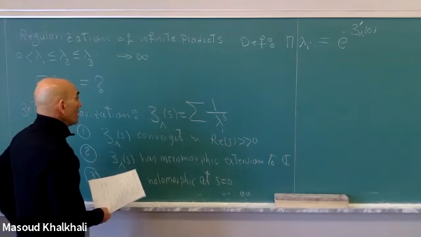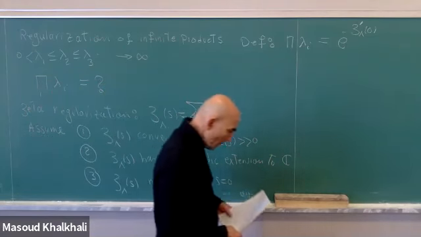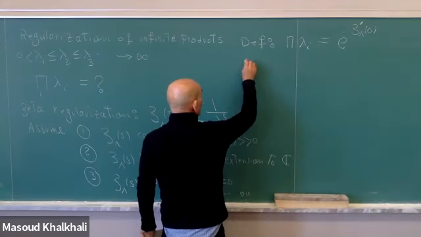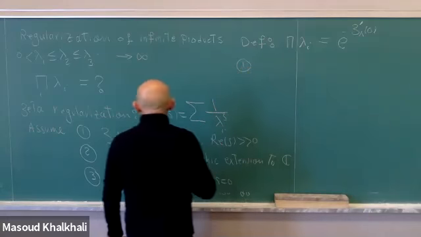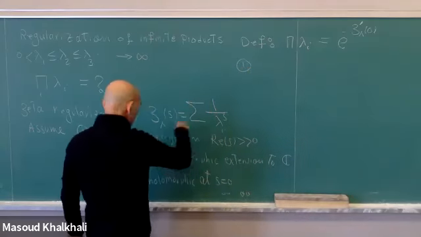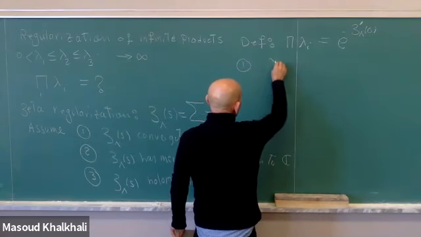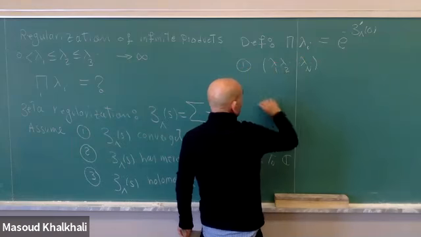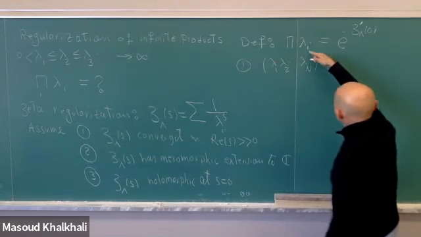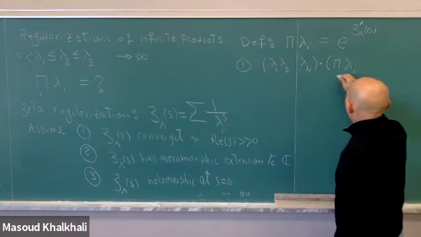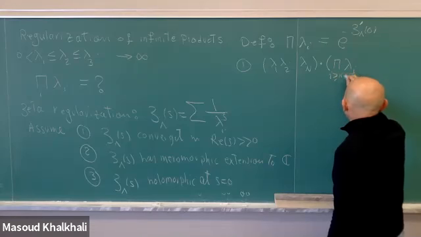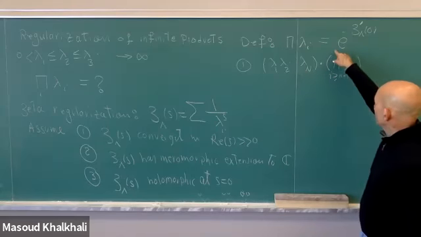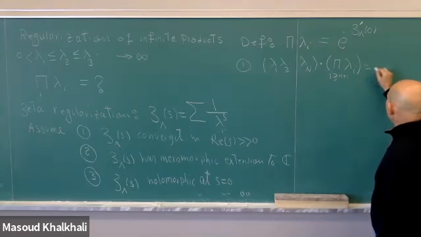This has some nice properties. For example, some obvious properties: if you have such a sequence and you cut out the first n of them, multiply them together, and then multiply by the infinite product of lambda i, with i going from n plus 1, the first is the ordinary product and the second is the regularized product, and this is equal to the product of all of them.